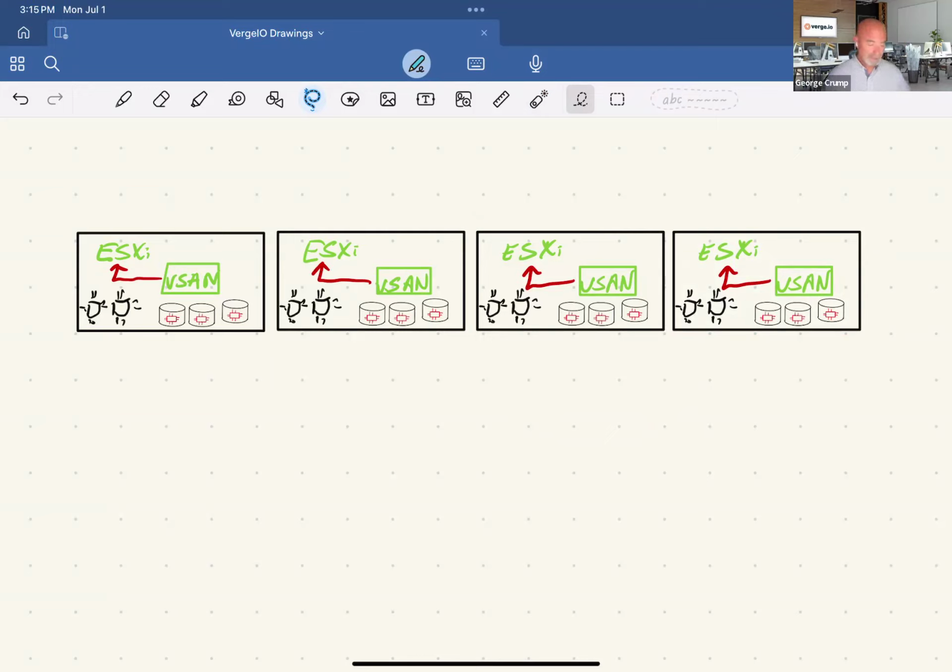Well, that becomes a problem because you can't split that up. And so what ends up happening in most customer environments is you end up what I call out of balance, where you either have too much storage or too much compute. In my experience, it's almost always too much compute. So that becomes a challenge as well. And so all of this really adds up to a little bit of a challenge for customers.